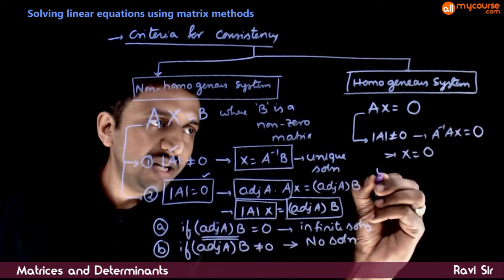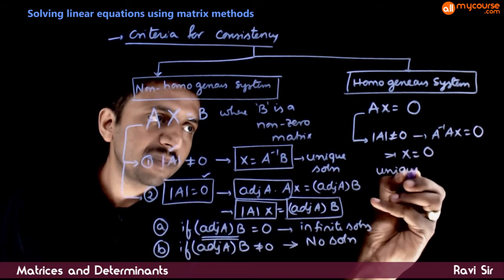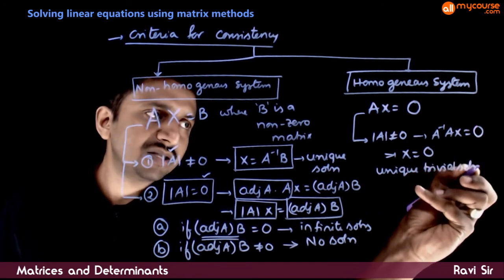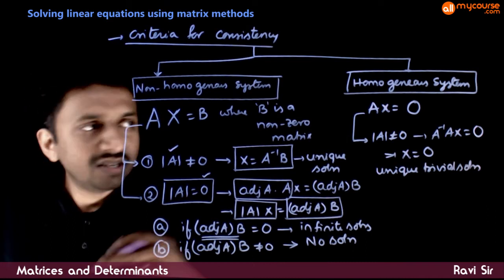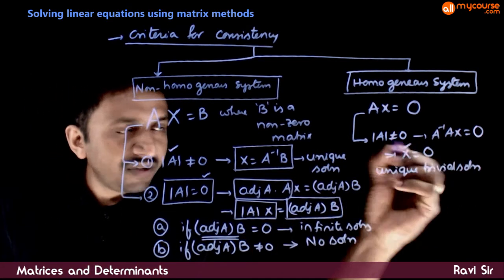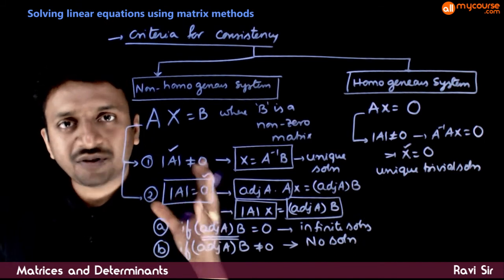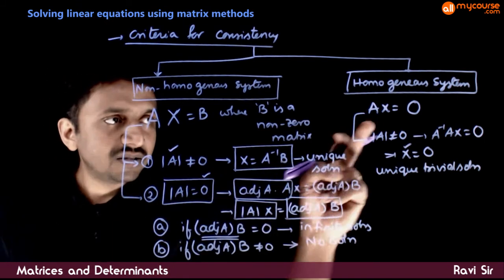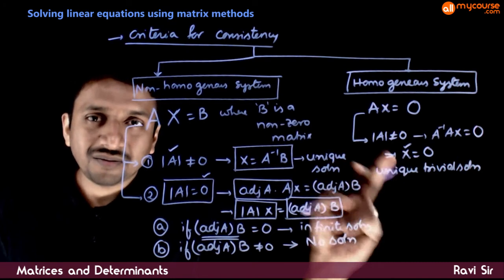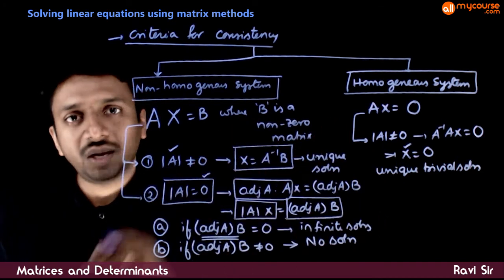That is a unique trivial solution. Trivial means all zero solution. So if det A is not equal to 0, all the variables, all the unknowns have to be equal to zeros.